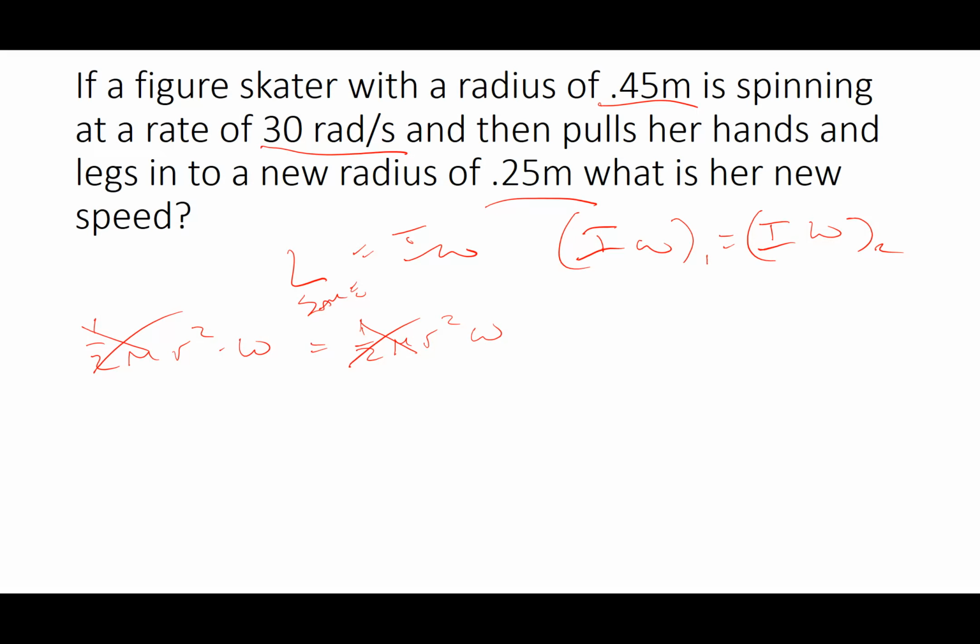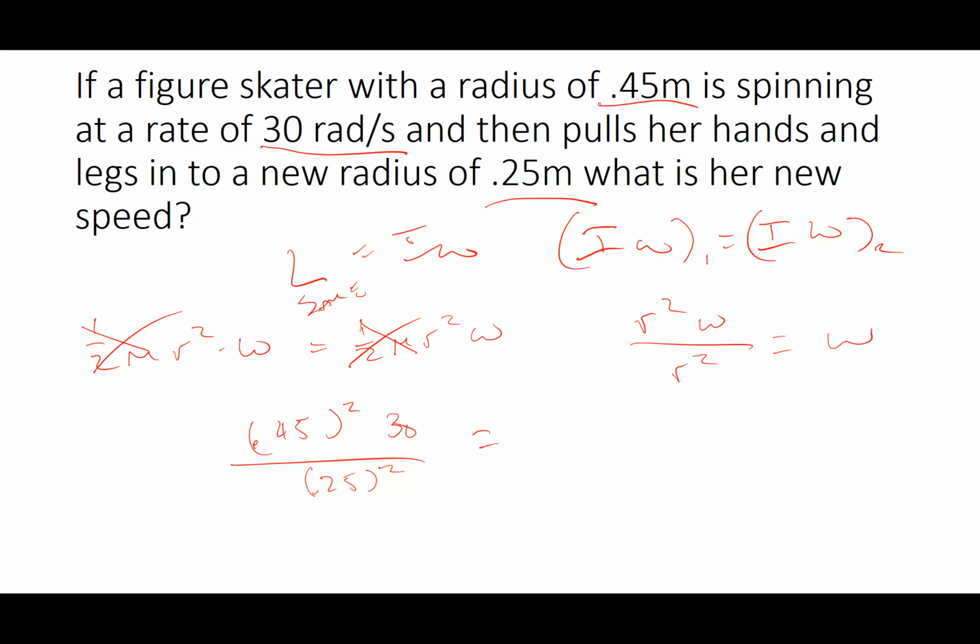So this is how we want to solve: write out the equations, see if things start to cancel out. 9 times out of 10 they do, especially stuff that you're not given. So then you have r initial squared times omega divided by r final squared equals omega final. 0.45 squared times 30 rads per second divided by 0.25 squared.